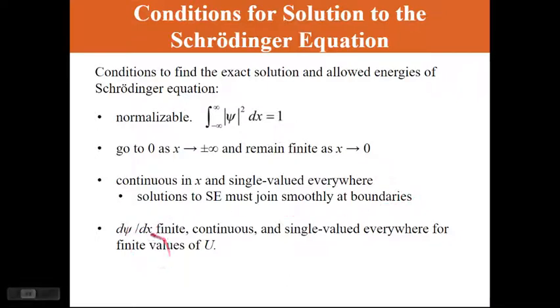Also, the first derivative of the wave function, much like the wave function itself, must take on finite values. You must be able to draw it without lifting your pen, and it can't have two values for the same input.